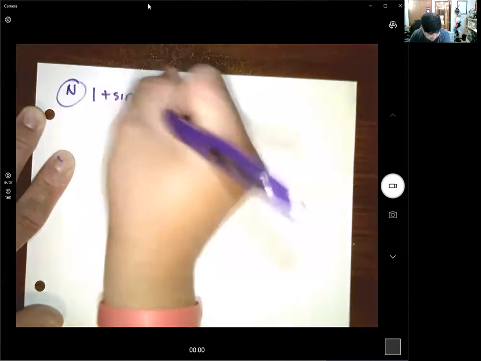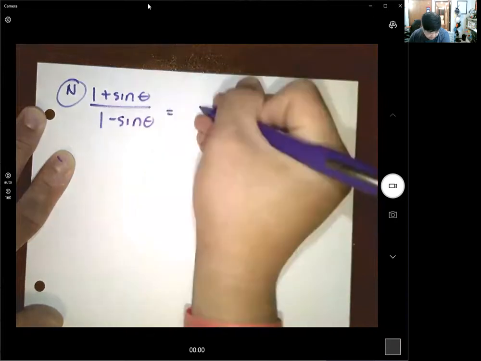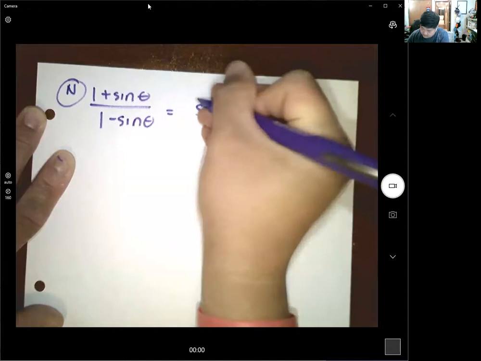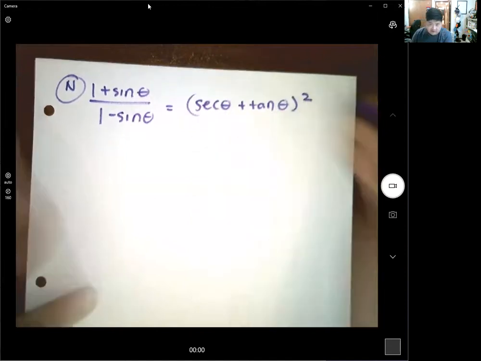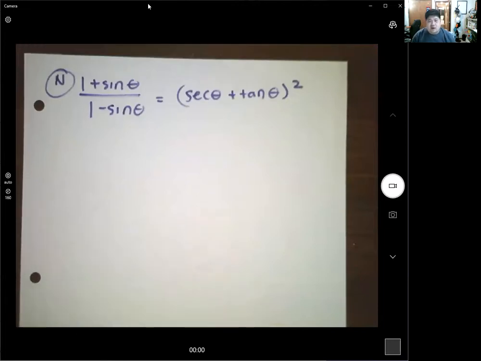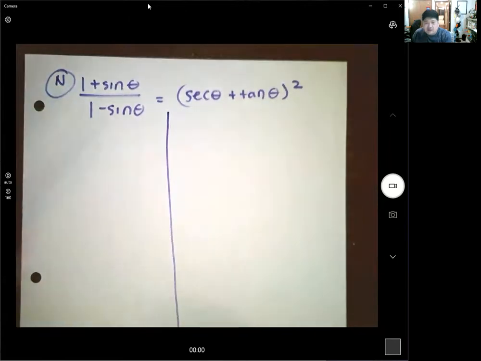So problem N, 1 plus sine of theta over 1 minus sine of theta is equal to secant of theta plus tangent of theta all squared. Now this one actually might be one that you think is a little bit harder to deal with at first, but let's do it anyway.